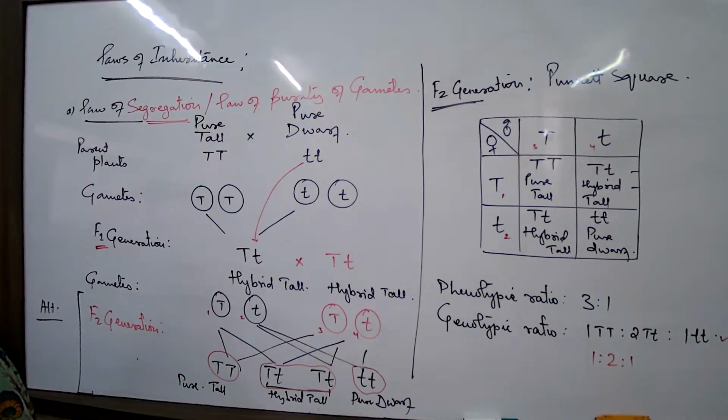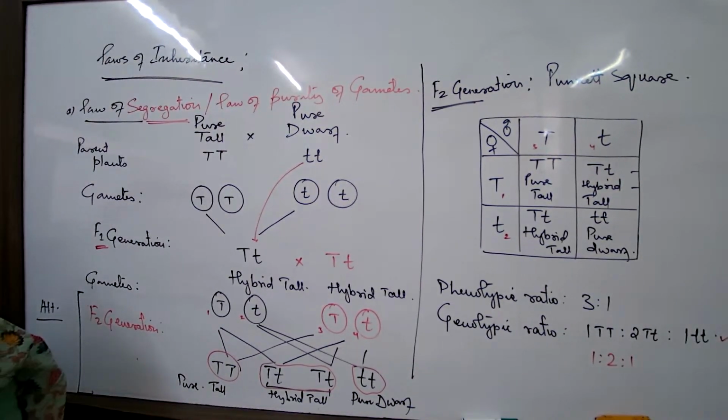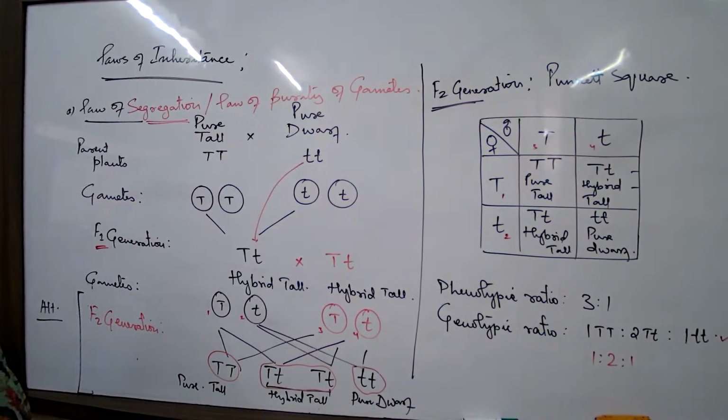The round trait is dominant because all plants in the F1 generation are round. You already learned the law of dominance. All plants in the F1 generation were round, so from there we understood that roundness is dominant. Write this answer: all plants in the F1 generation are round, hence the trait roundness is dominant over wrinkledness.